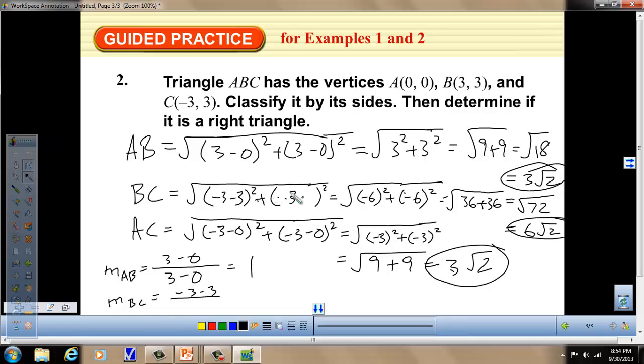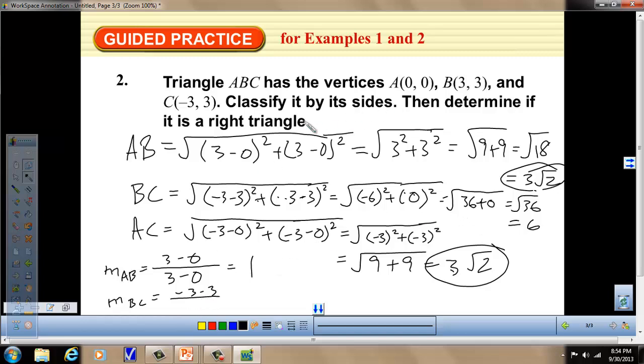So we'd have, second one, 3 minus 3. This gives me a 0 here. I apologize. The answer is still the same in this case. So we would have plus 0, that's square root of 36, which is 6. So in this case, we know that it's still isosceles.